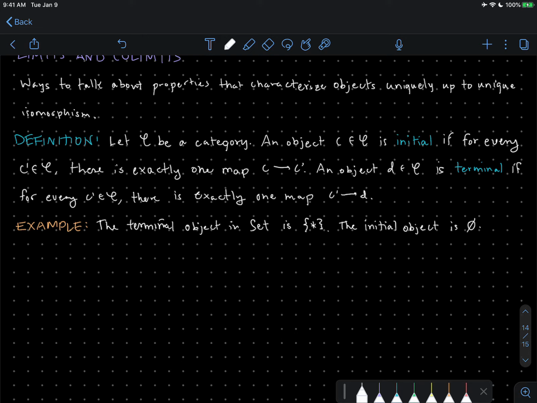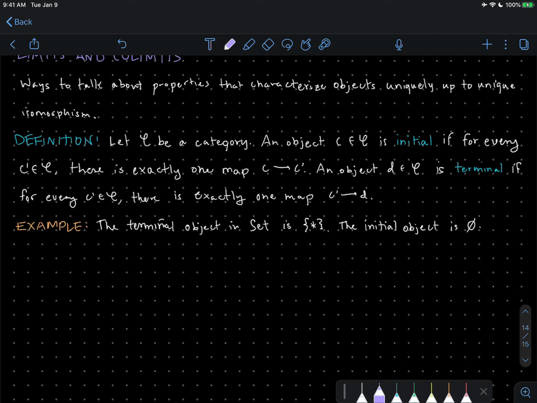That there is exactly one map from the empty set to every set, and every set has a unique map to the one-point set. But you might say, well, there are many sets with only one object. True, but there's only one up to unique isomorphism.